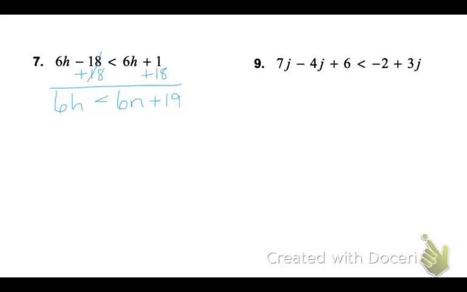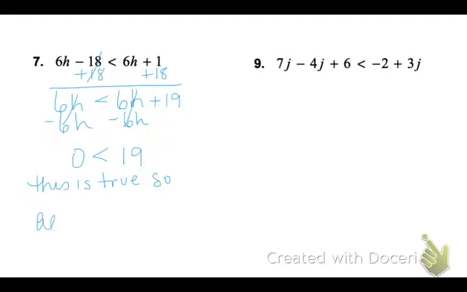Then we will subtract 6h from both sides. Oh, that's an h and I made it an n. Okay, that cancels, so we get 0 is less than 19. Since 0 is less than 19, right, this is true. So, all real numbers is our answer.